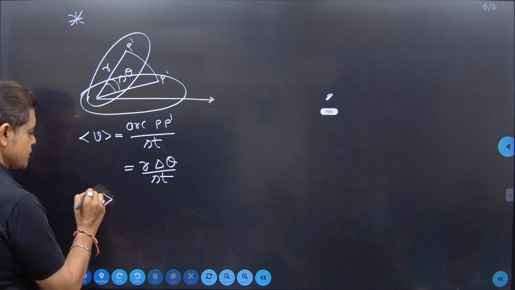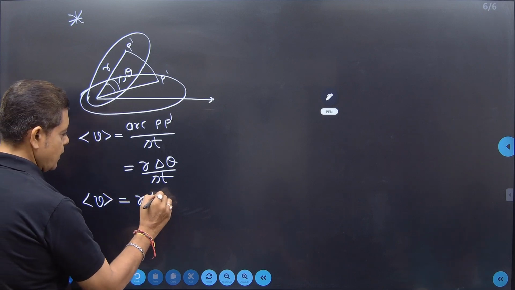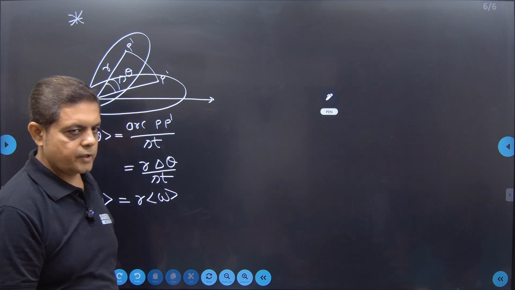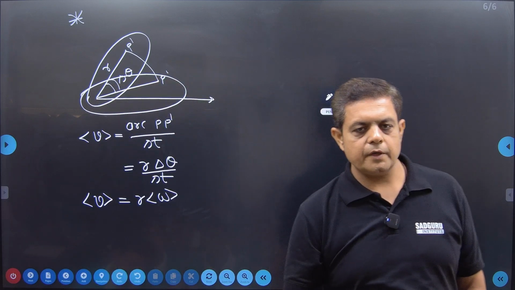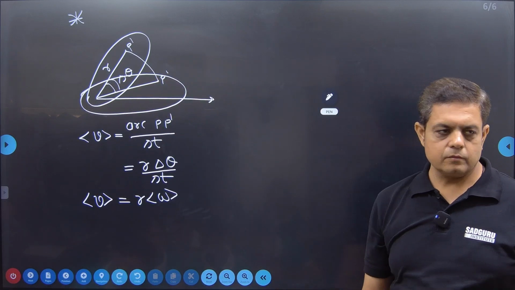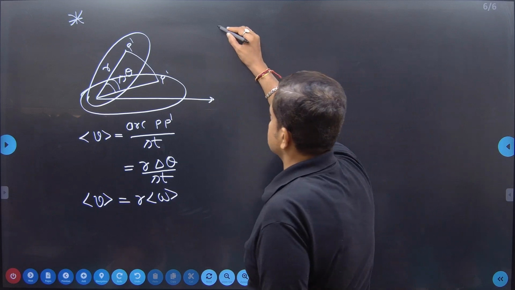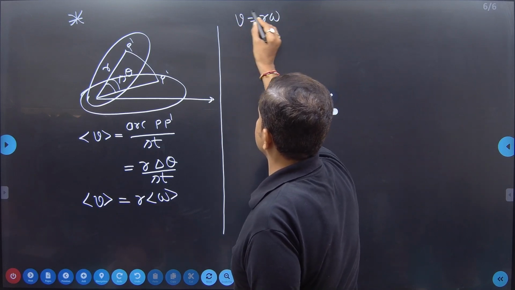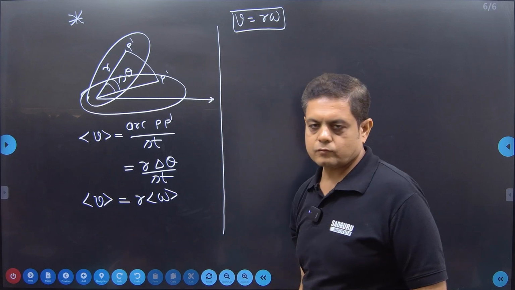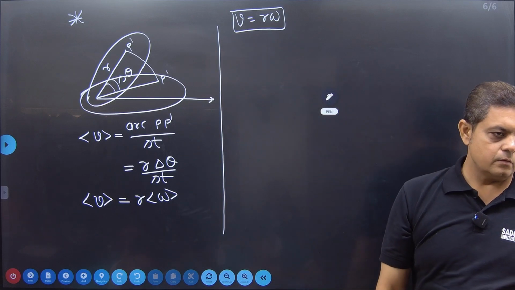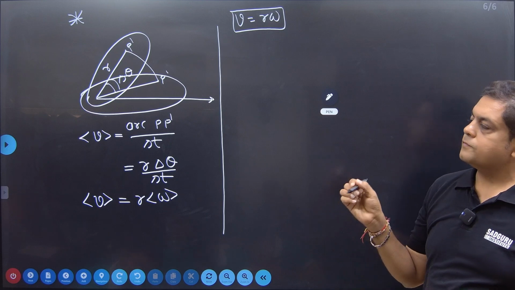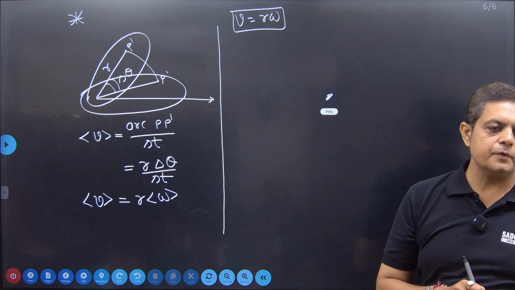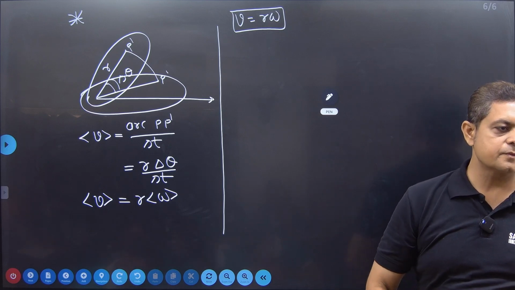So your average speed is r times average omega. For the instantaneous relation, it is v equals r omega.